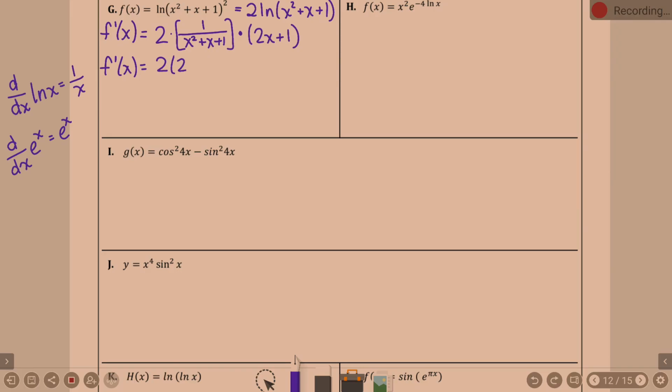Yes. What I was starting to write it as before you said that was 2 times 2x plus 1 over x squared plus x plus 1. However, I also have an or written in here that says 4x plus 2 over x squared plus x plus 1. Okay?